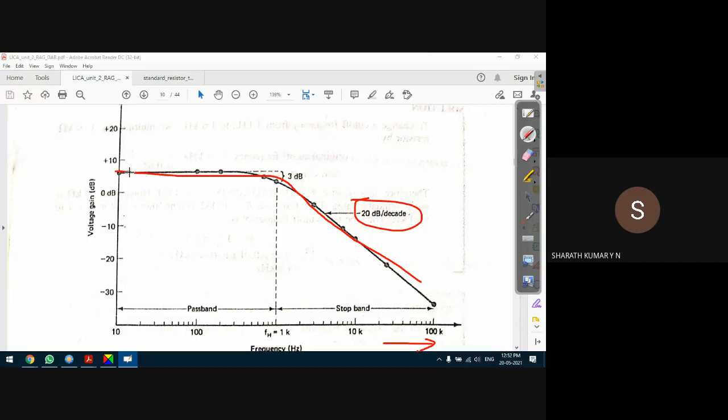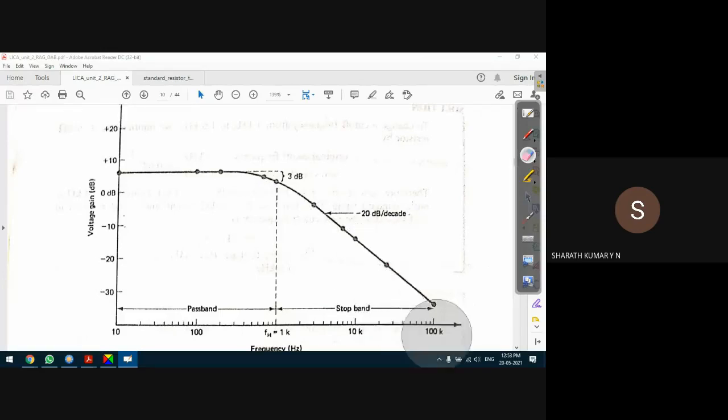At 3 dB down with respect to this, for example, if it is around 7 dB, then going 3 dB down gives 4 dB. When you draw a horizontal line and then a vertical line, you get the upper cutoff frequency FH, approximately 1 kilohertz.